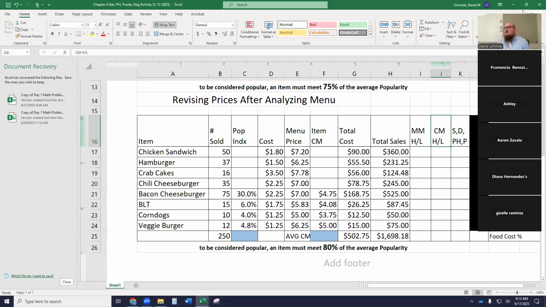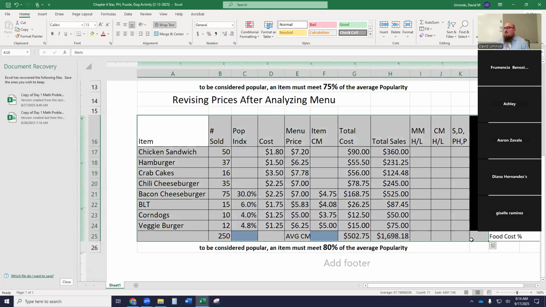What we looked at on Monday was one table that had just the popularity, and one table that had just the contribution margin. With this activity, we're going to combine it all. You'll notice on the page, this table has everything on one table. And this is going to help you get ready for the Chapter 4 exam.